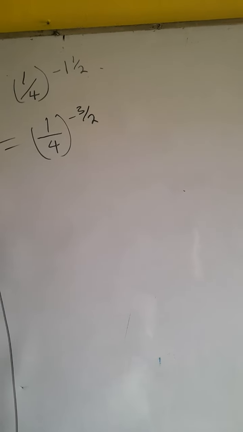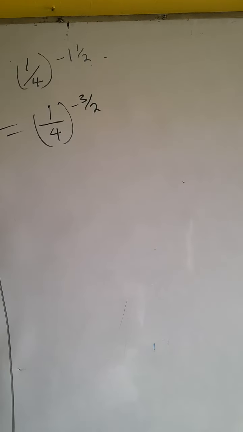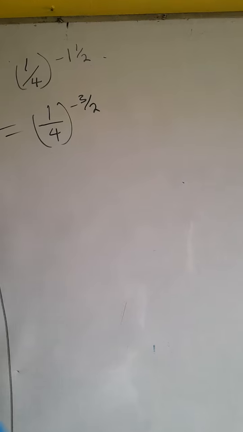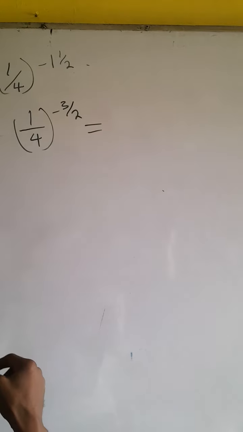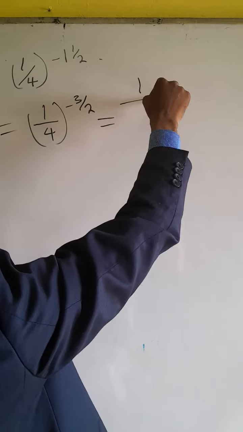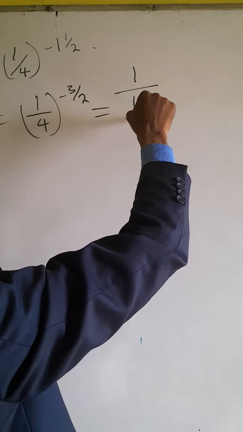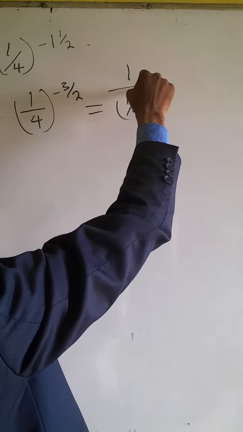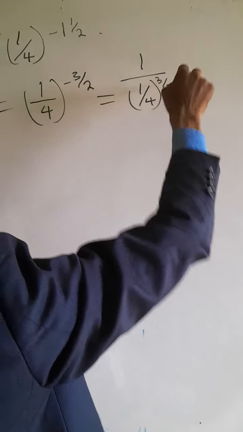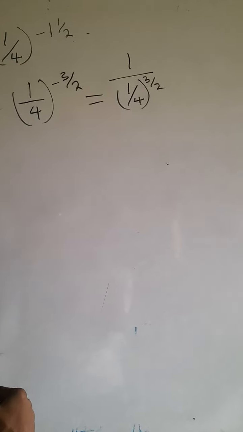So here we have a negative index. Since we have a negative index, what do we do? We obey the laws of negative index, that everything here should be 1 divided by 1 divided by 4, all raised to the power of 3 over 2.